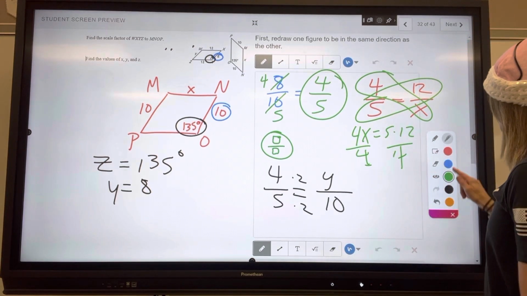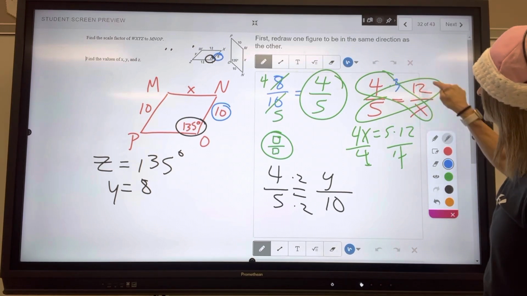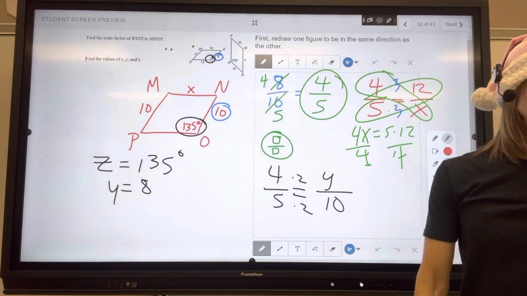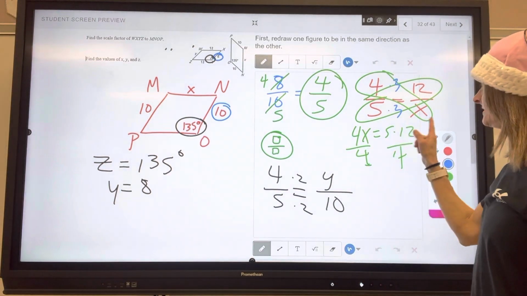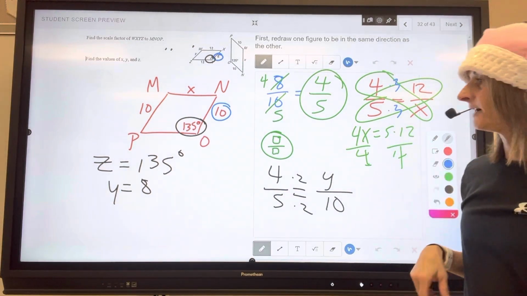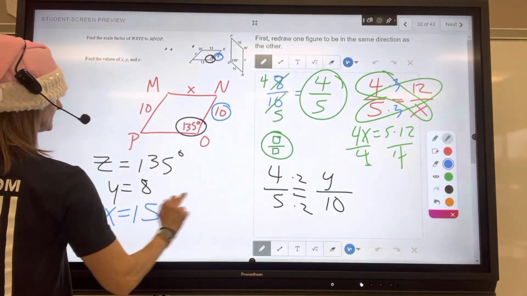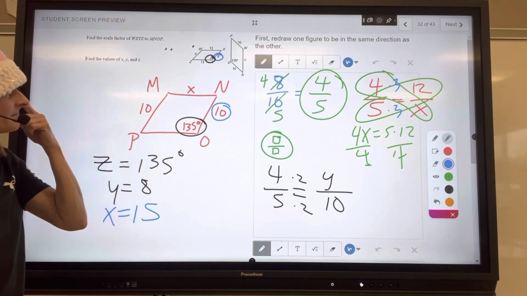However, I can see 4 times 3 is 12, so 5 times 3 is going to be 15. It should be 15 when you multiply 5 times 12 divided by 4. So the value of x is 15. And that makes sense.